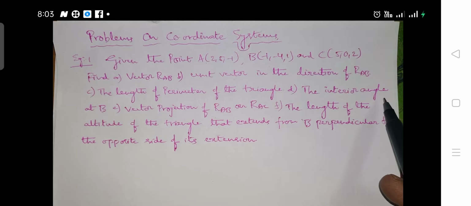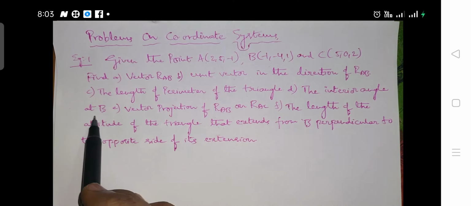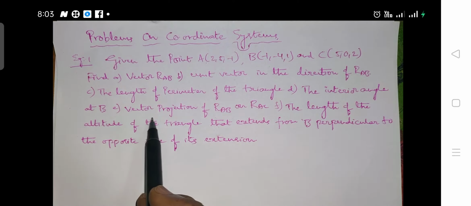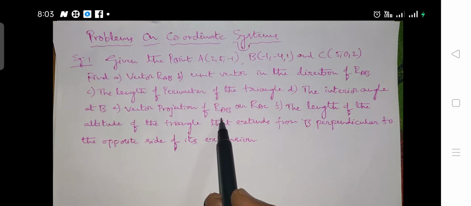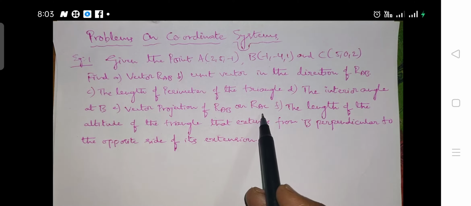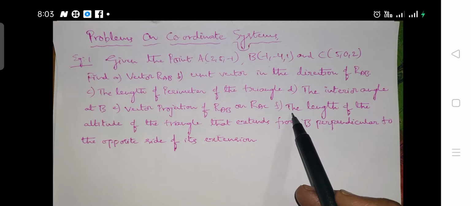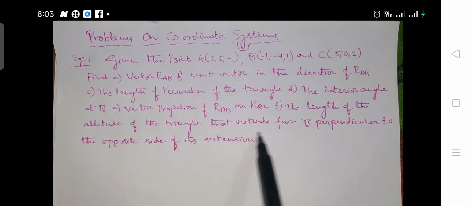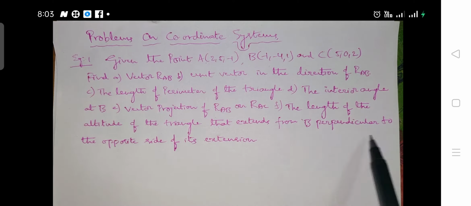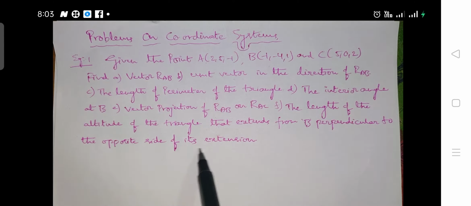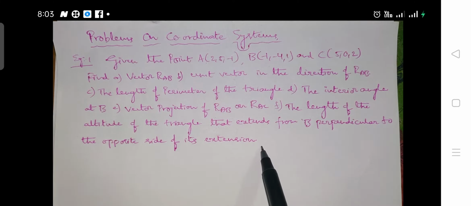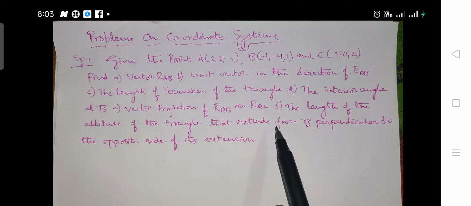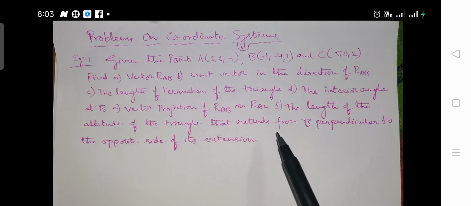D, the interior angle at B. E, the vector projection of RAB on RAC. And finally, the length of the altitude of the triangle that extends from B perpendicular to the opposite side or its extension. So almost all in one problem we are given 6 subtopics or sub problems. Let us do one by one.